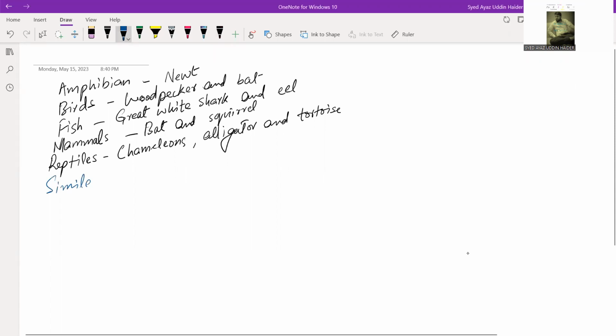Similarities between vascular and non-vascular plants.